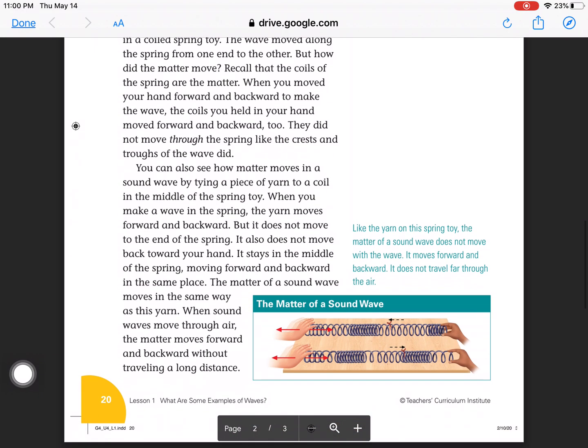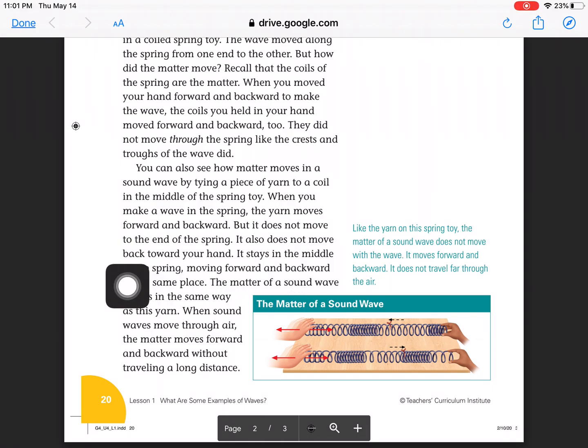You can also see how matter moves in a sound wave by tying a piece of yarn to a coil in the middle of the spring toy. So see here, there's a piece of yarn just like they did on the string. When you make a wave in the spring, the yarn moves forward or backward, but it does not move to the end of the spring.